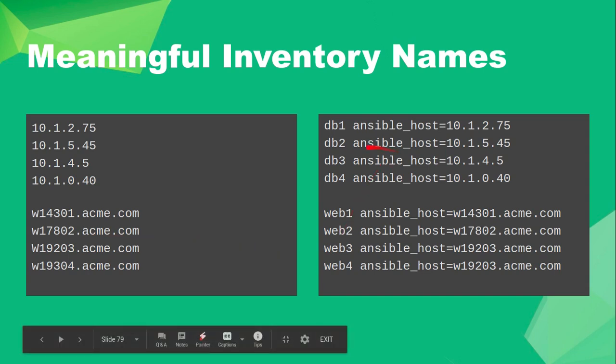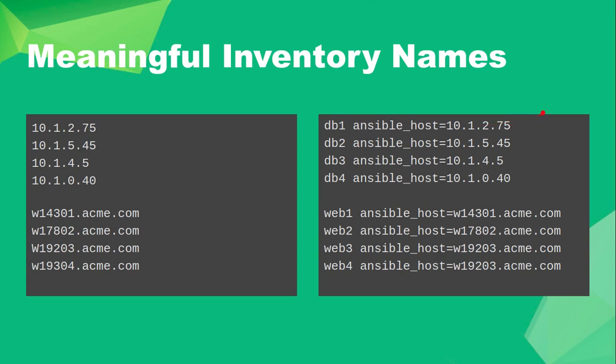But if you give meaningful inventory names, as you see on the right hand side, for all these hosts I am giving DB1, DB2, DB3, DB4. Now I can easily understand these are the DB servers, and this is the numbering: DB1 server, DB2 server, DB3.